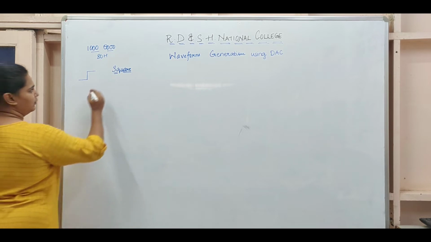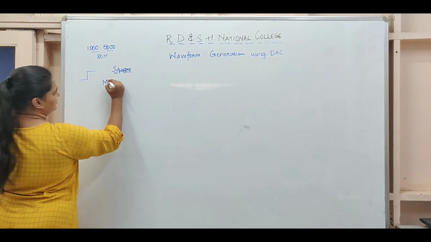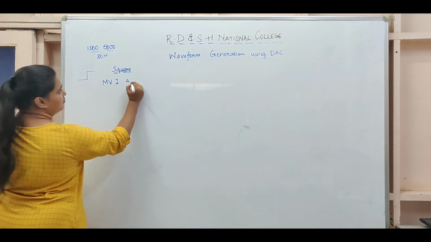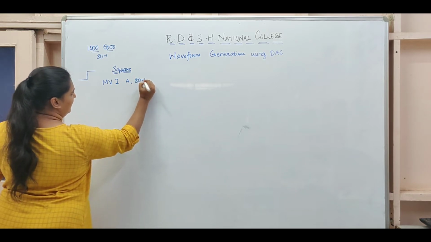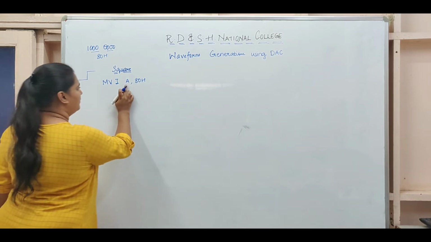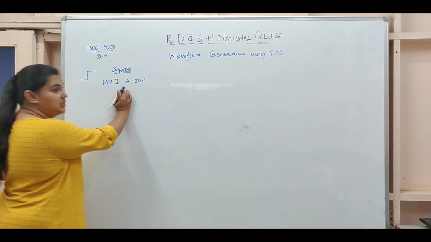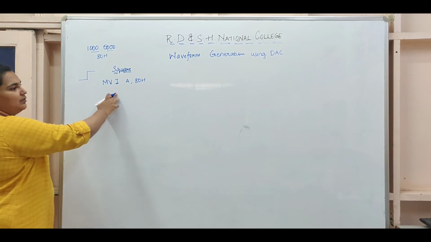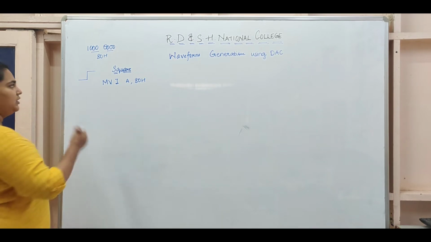My first step will be to move this value to the accumulator, MVI A. Because I am moving immediate data, I have MVI; I stands for immediate. This data will be put into the accumulator first, because only via the accumulator can I give values to the control word. Now this value I want to throw out to the control word.